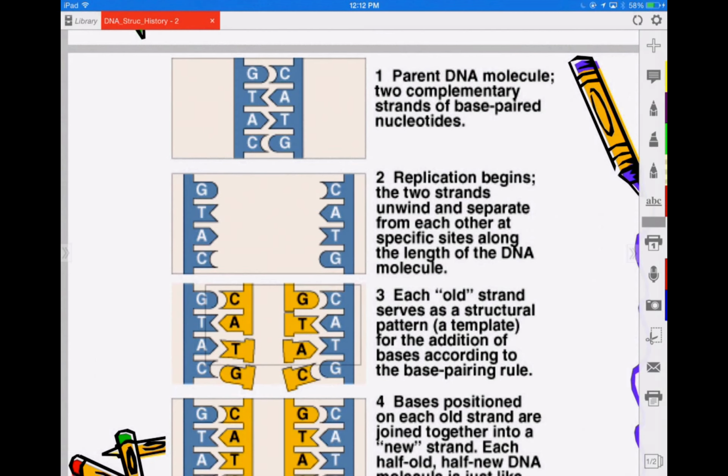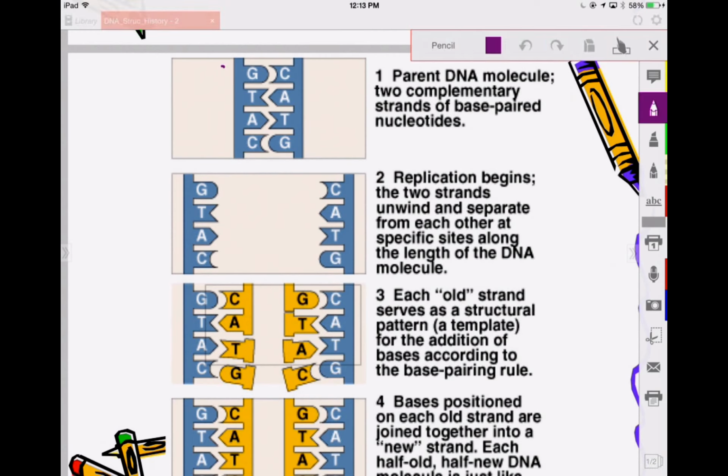Okay, here's a picture of the process broken down without showing our enzymatic players here. So the parental strands are these blue fragments, and as they are pulled apart, right? First DNA gyrase unwinds, and then we have to break the hydrogen bonds, so helicase goes up the middle.